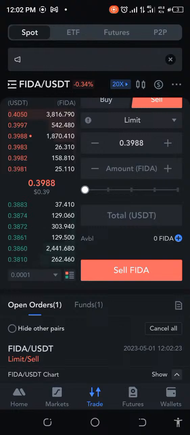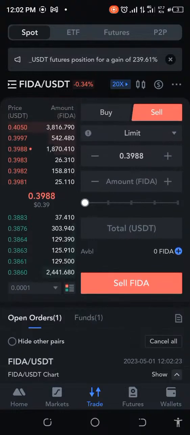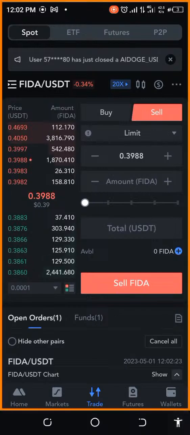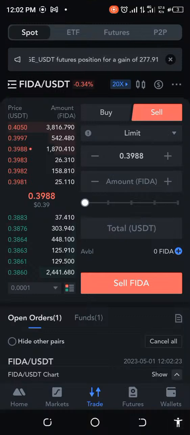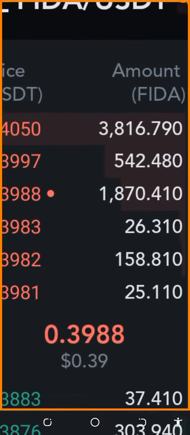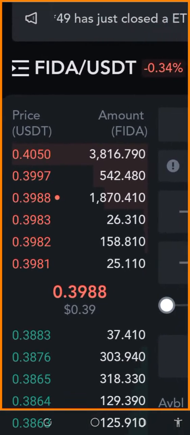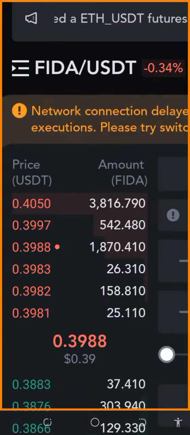Let's try and see. If I decide to cancel one more time, but before I cancel, the amount of FIDA that I want to sell, if you can see this, you can see that I want to sell FIDA at this amount. So it's showing me that this is where I am located, right?